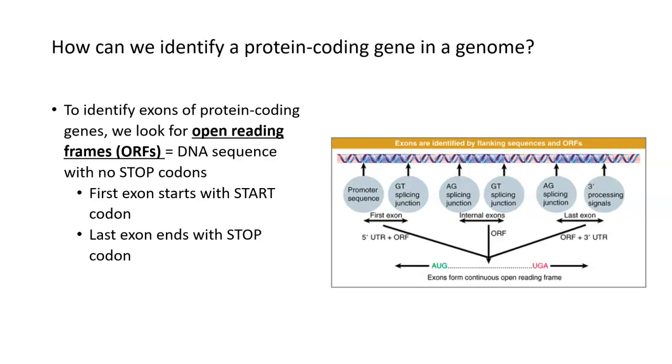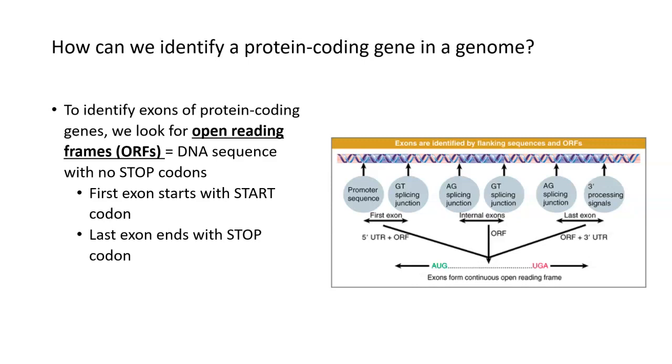And so we don't do this by hand or by eye. We use computer programs to do this. They're able to scan through the entire sequence of a genome, and they're able to find these DNA sequences that are flanked on one side by a start and on the other side by a stop and have no stops in between. And they're like, we predicted there's a gene right here because we see there's a start.